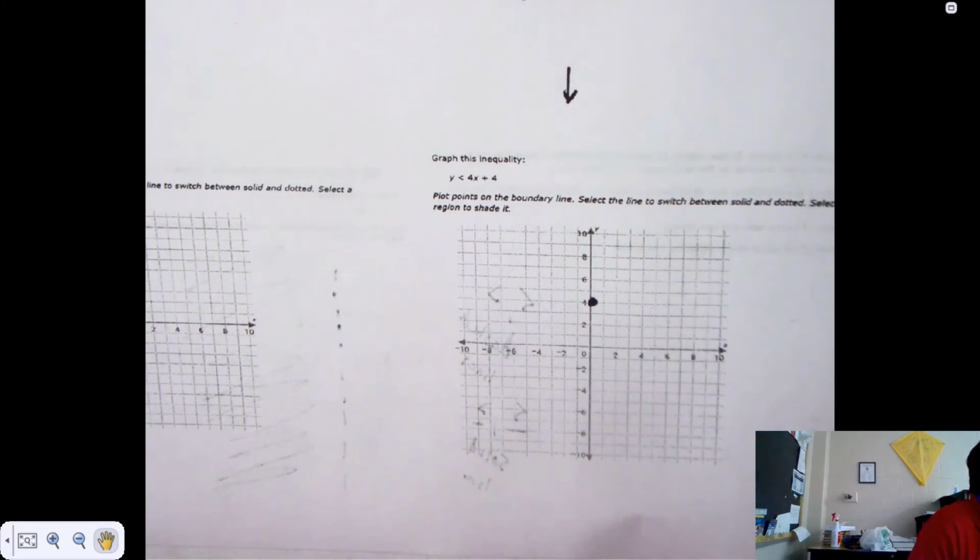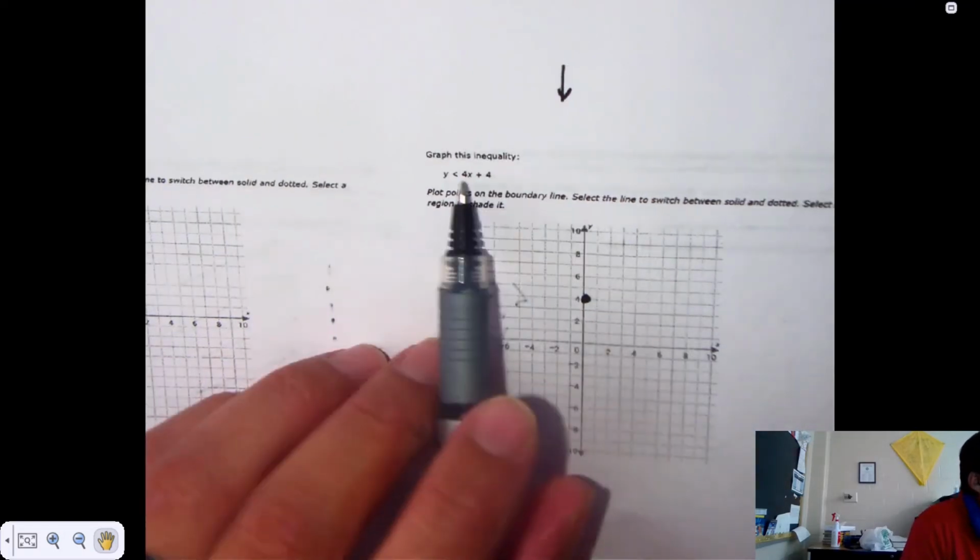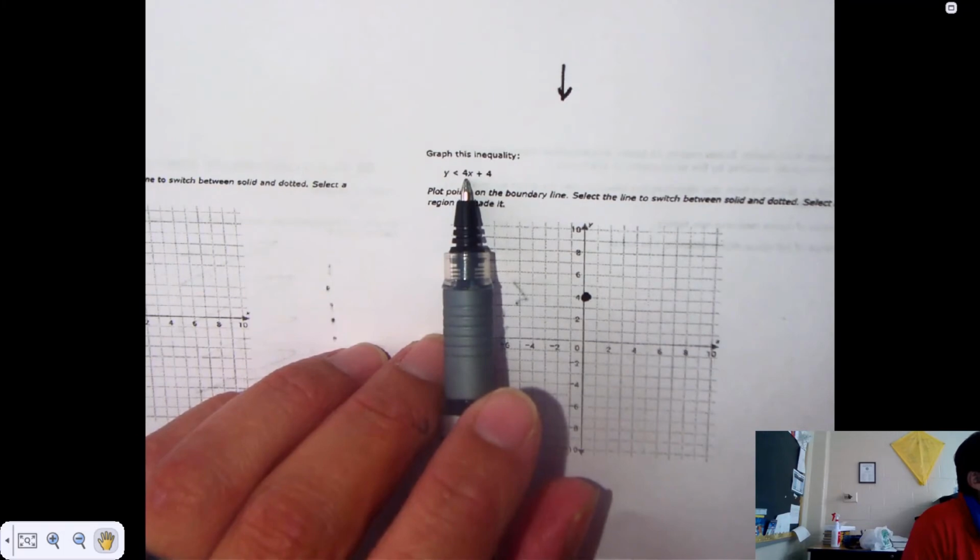What do I do from there? You need 2 points to draw a line, so how do I find my other point, Spencer? What do I do with that other 4? What's it tell me? What does this other 4 represent? So what do I do?